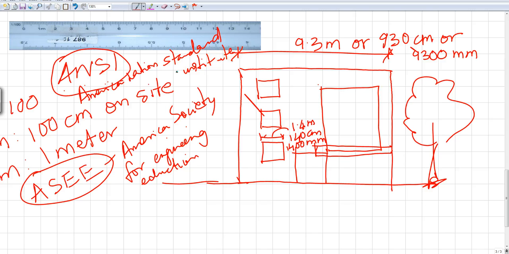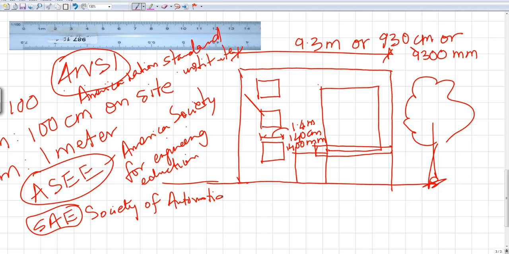Now there are some more, which is SAE, that is the Society of Automotive Engineers. Society of Automotive Engineers, making cars and stuff like that, right? And I would say the last one is for mechanical engineers, this ASME.